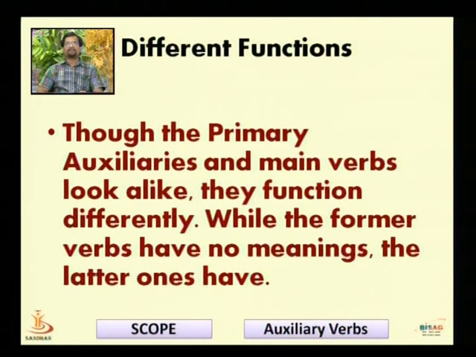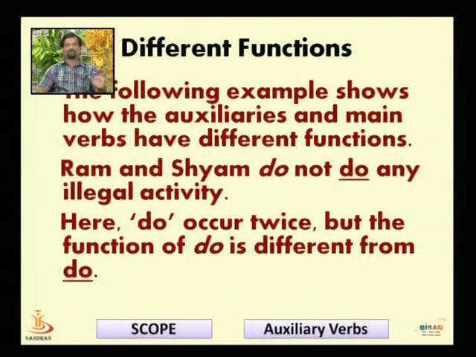I will give a very simple example to make my point very clear. And friends, you can find plenty of such examples when you read, when you have some conversation, and you will find that you very often use these two forms in different ways. So the next slide shows one example.